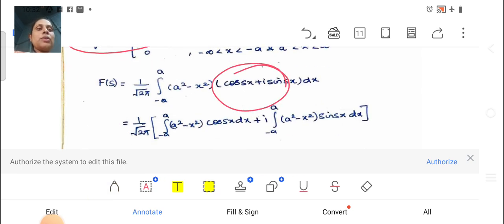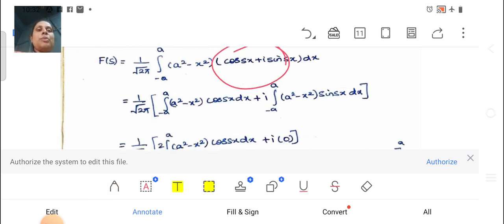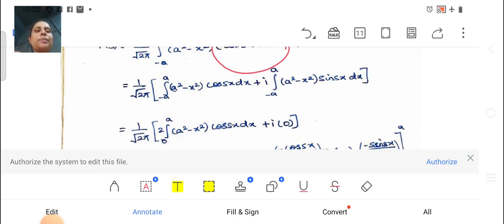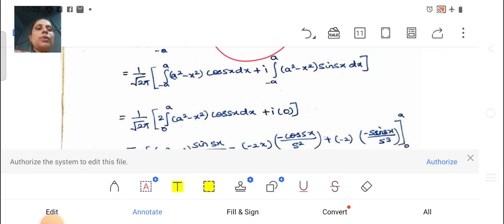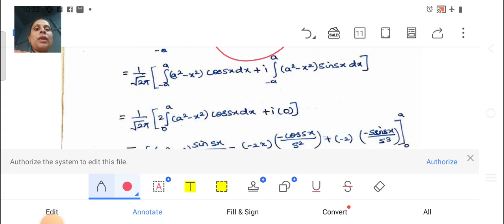Next we want to split the real and imaginary parts. Next we want to see the limit, which is −a to a.